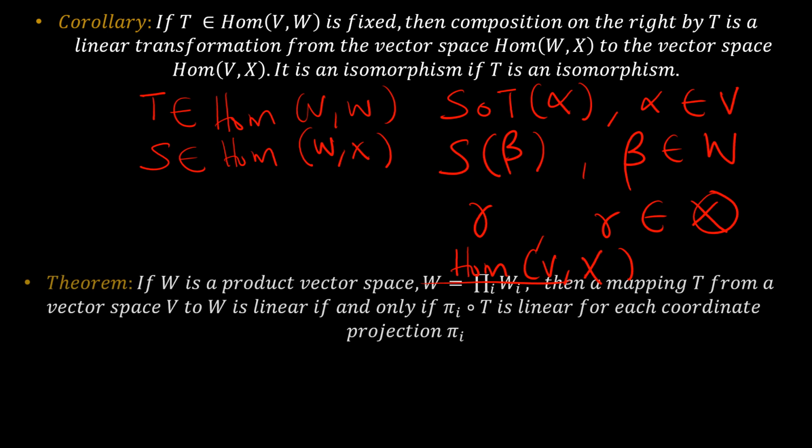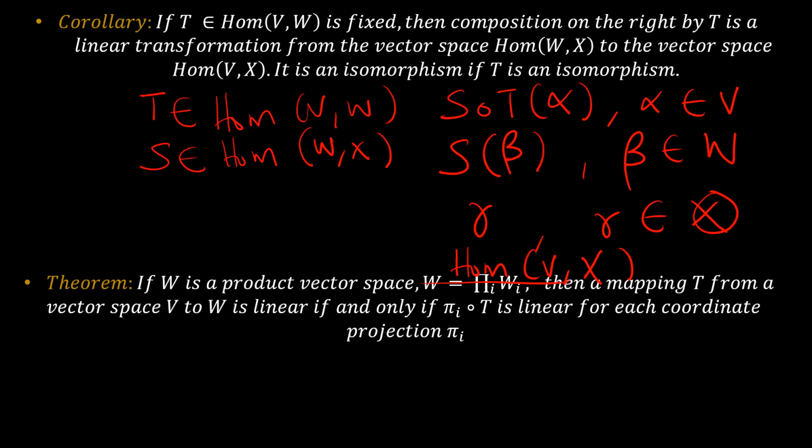But we do have another theorem which says that if W is a product vector space, such that W is equal to the Cartesian product of Wi, then the mapping T from vector space V to W is linear if and only if pi i of T is linear for each coordinate projection pi i.